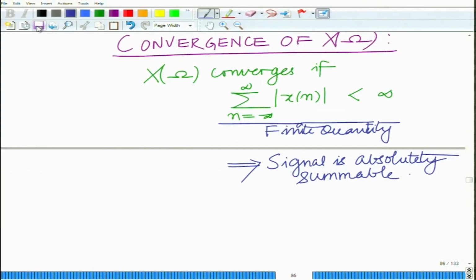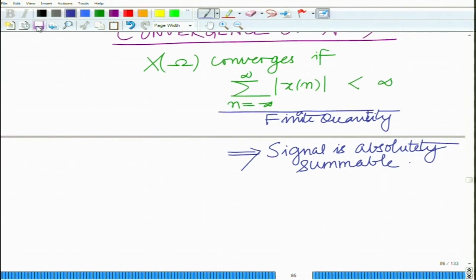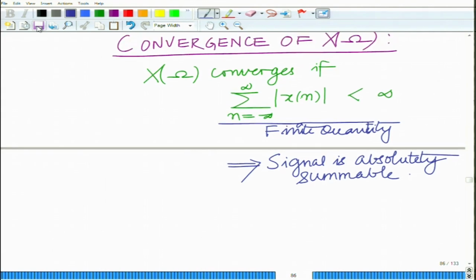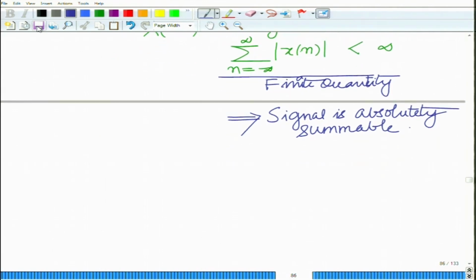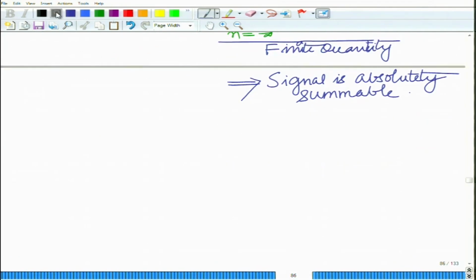Okay, all right. Let us look at the relationship between the Fourier transform and the Z transform, that is, the relation between the DTFT and the Z transform.